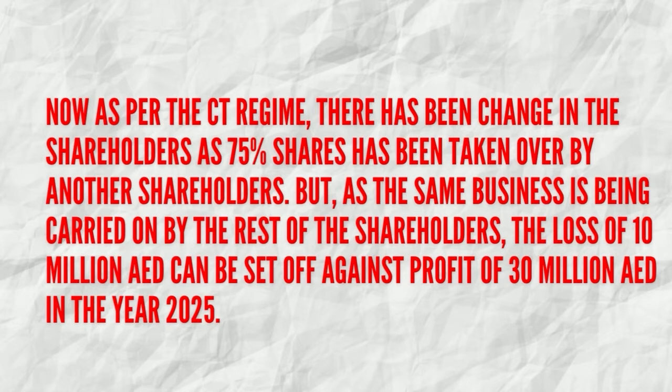Even though more than 50% of the shareholders have changed, the same business is being carried on, thus the loss of 10 million incurred in 2024 can be set off against the profits of 30 million in the year 2025. I hope this has given you an idea about how the set off of losses can be done with respect to this criteria.